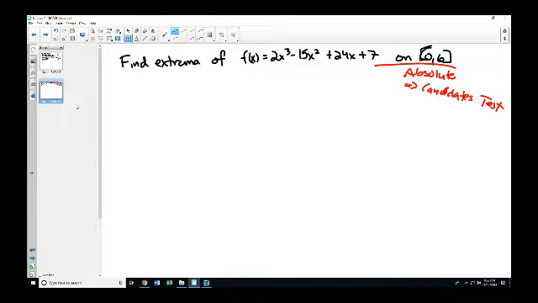Same calculus. What's our first step? Luis, what's the derivative? 6x squared minus 30x plus 24. I see something to do. Factor out 6, because it's in every one of them.